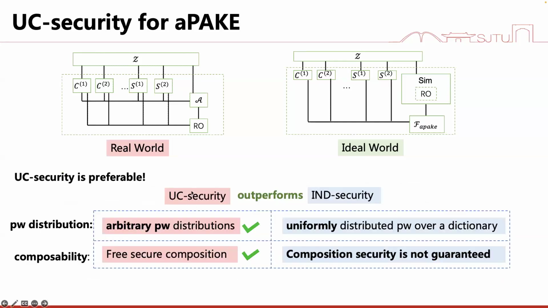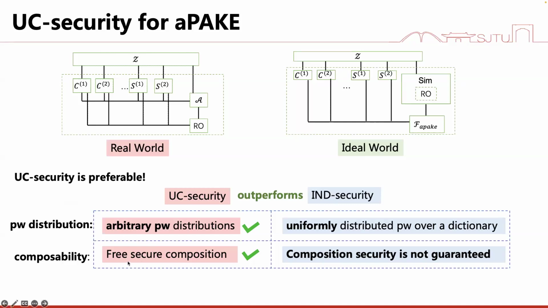The UC framework is preferable to the AKE model in two aspects. First, the UC framework allows arbitrary password distributions, while the AKE model assumes passwords uniformly distributed over a dictionary.